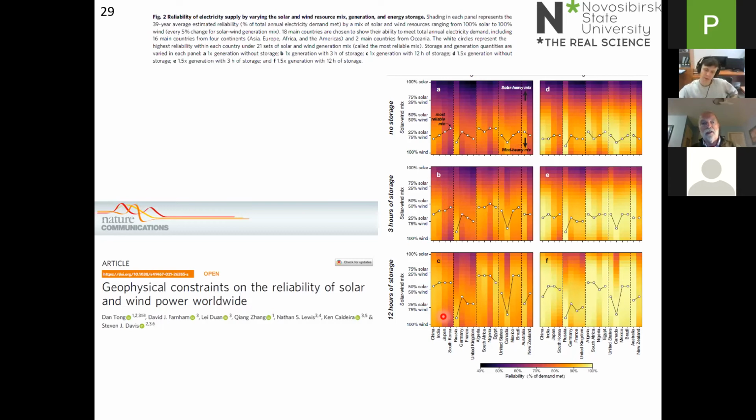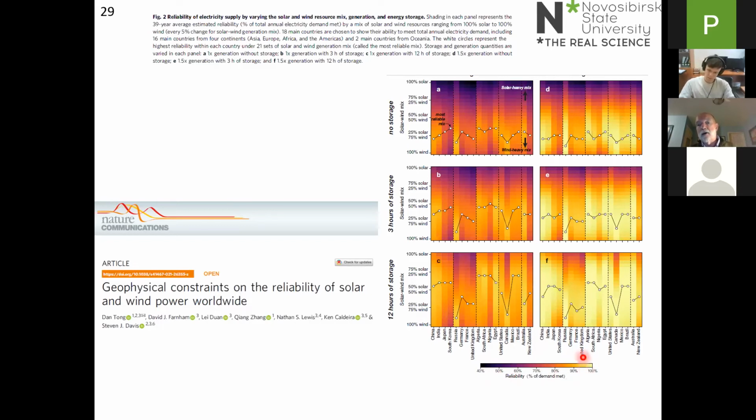this is showing that with the color coding here, you can see that in terms of reliability, what percentage of the time will the electricity system be able to produce the power that is required.